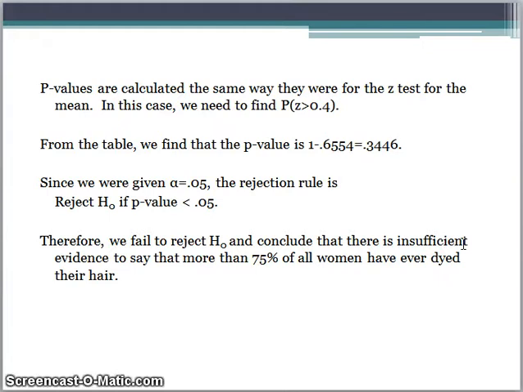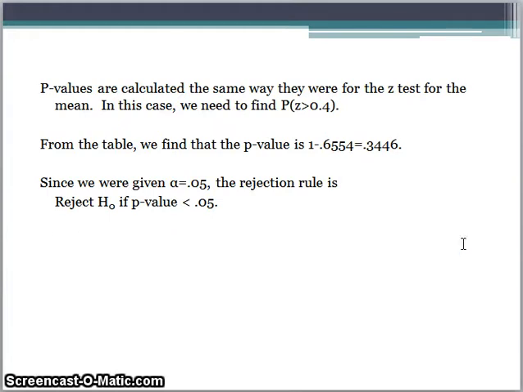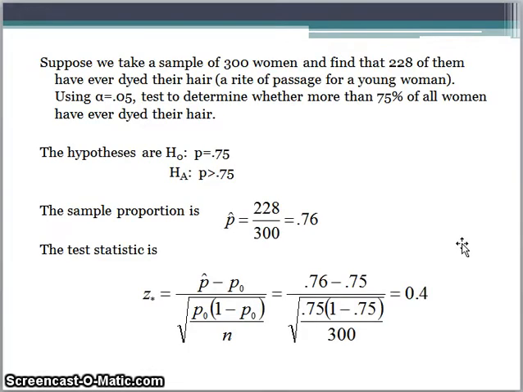Keep in mind, again, we know what the sample proportion is. The sample proportion was 0.76. But what we want to know is, does that give us enough evidence that more than 75% of all women have that characteristic?